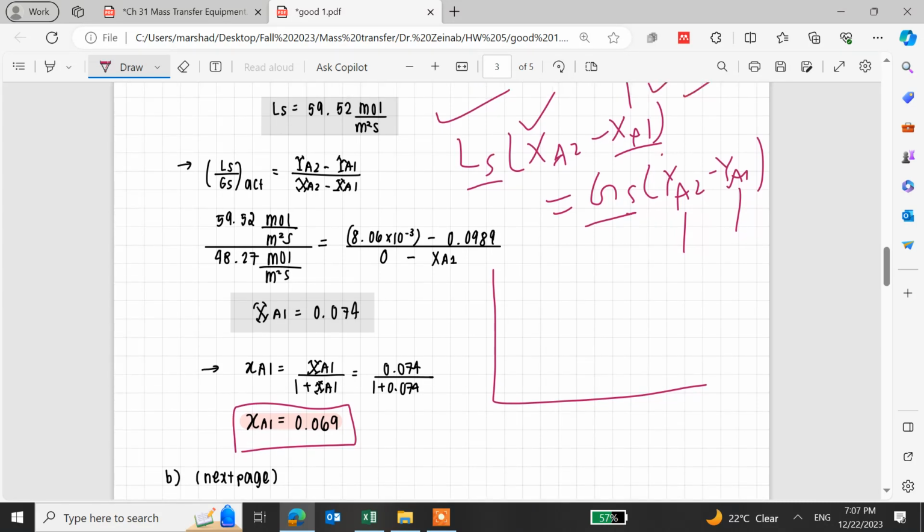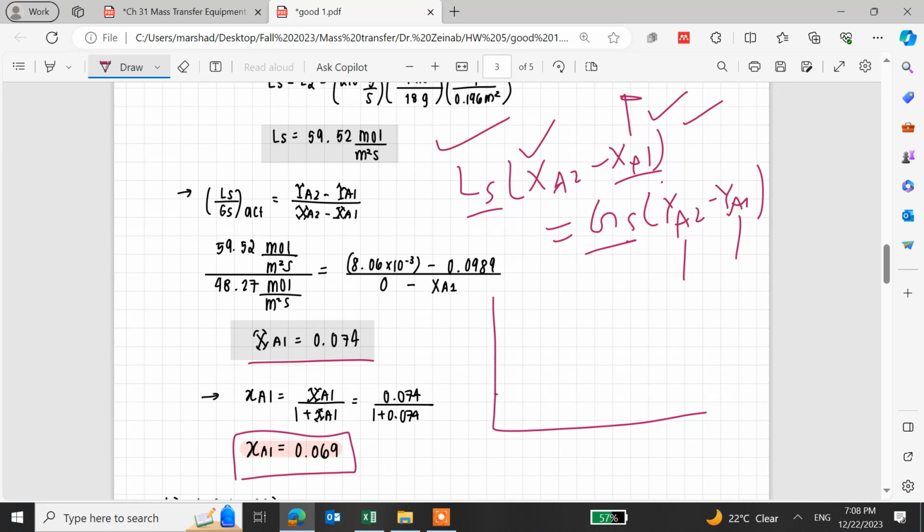So XA2 is 0, Ya2, and then Y1 is more, right? Y1, XA1, this one. So just connect with the straight line, and then we will have the operating line. This is the equilibrium line.